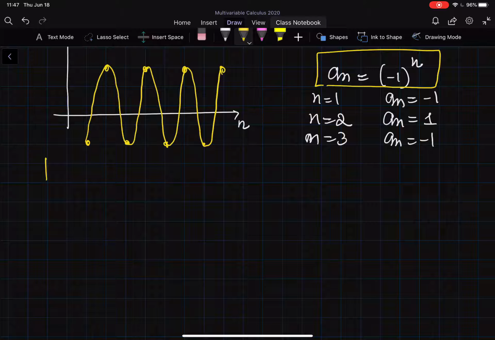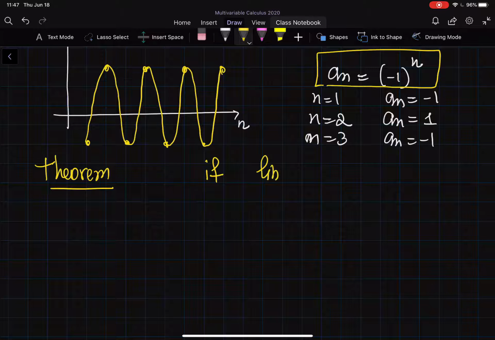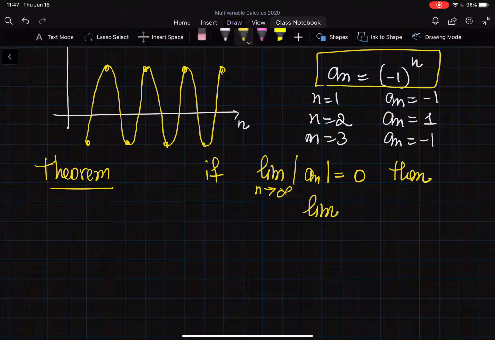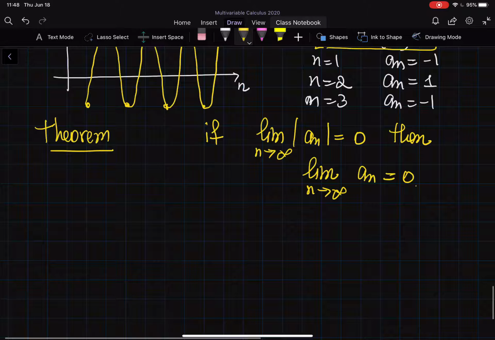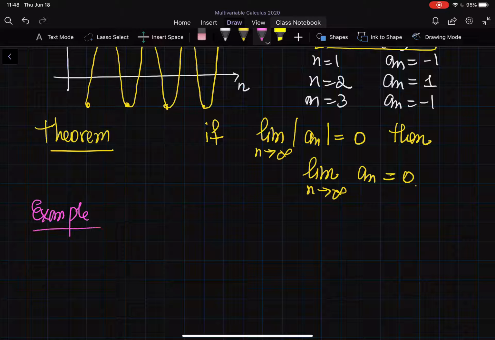In this sense, we are going to learn about an interesting theorem, which tells us that if the limit of the absolute value of a_n as n goes to infinity exists and is equal to 0, only 0, then the limit of a_n is also equal to 0. This really doesn't work for our example here, right? So let's try to apply this here. In our example, a_n is equal to minus 1 to the power of n.